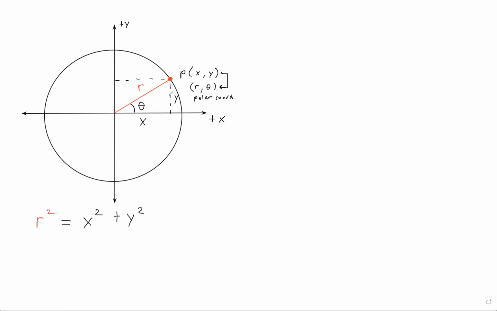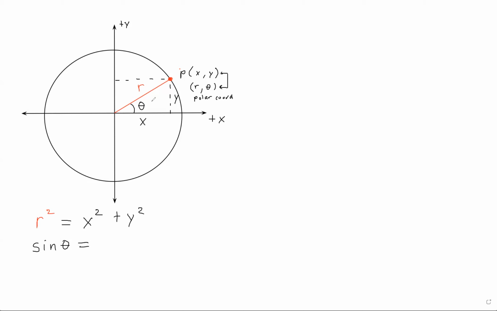And if we want to relate the sides of the triangle to the angle theta, we use the sine and cosine function. The sine of any angle is just the opposite over the hypotenuse.